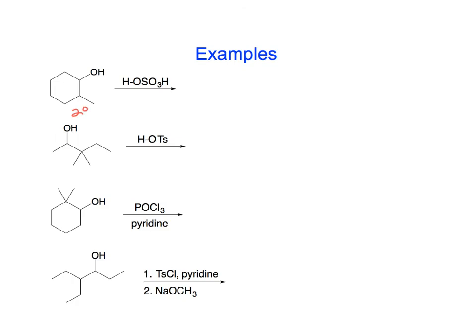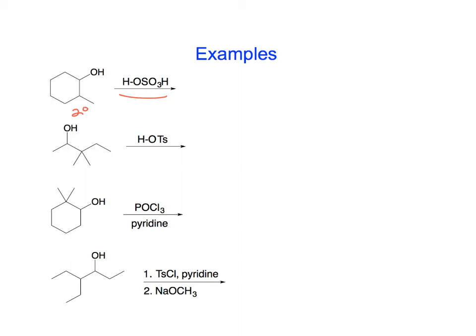Let's work a few examples. So let's just fill in the products. We don't have to show the whole mechanism for each of these problems. Here in the first one, we see we have a secondary alcohol. We're using sulfuric acid, which has a non-nucleophilic conjugate base, and so this should be an elimination reaction.